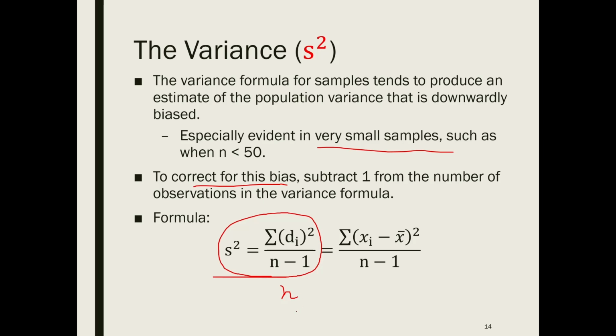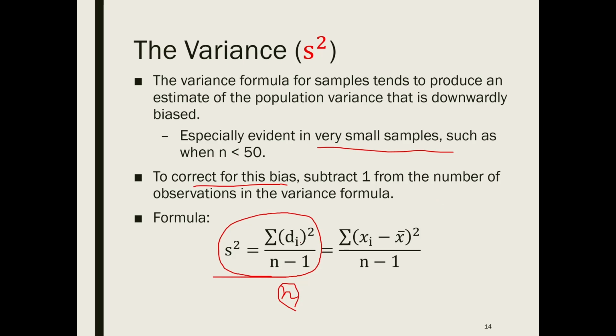Sometimes this happens when you're seeing a large sample size or a big population. But for the small one, we usually use the n minus 1 to correct this bias.